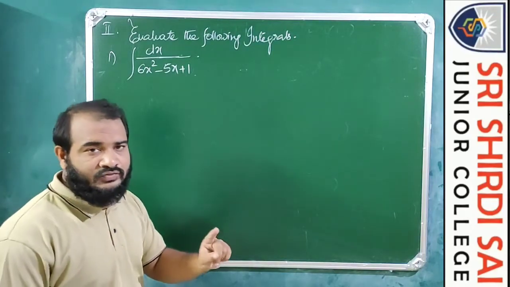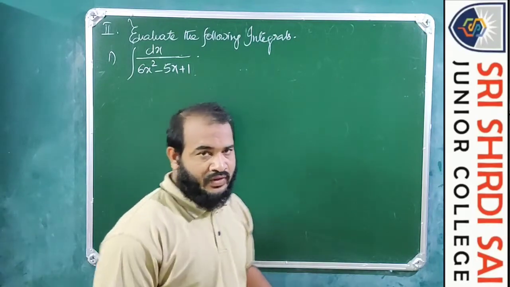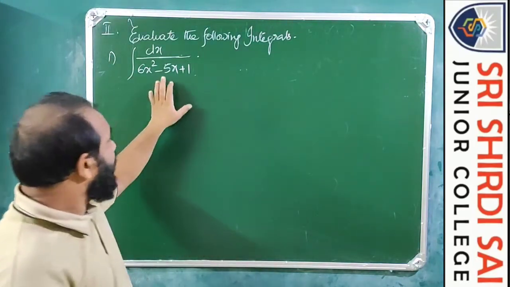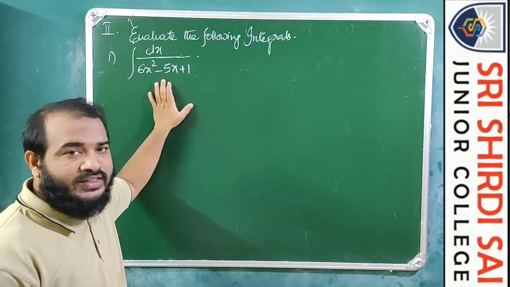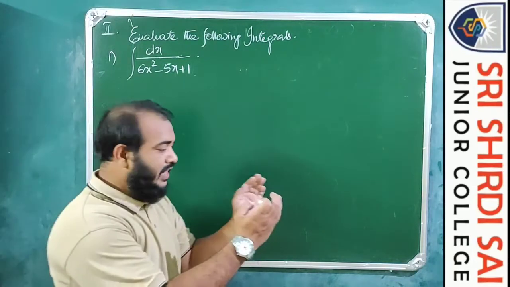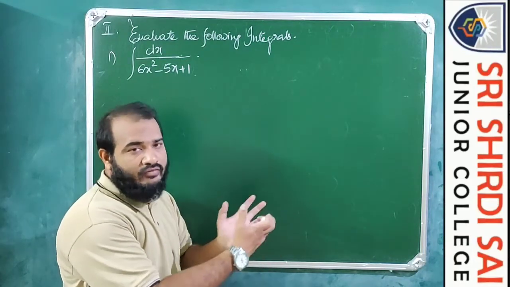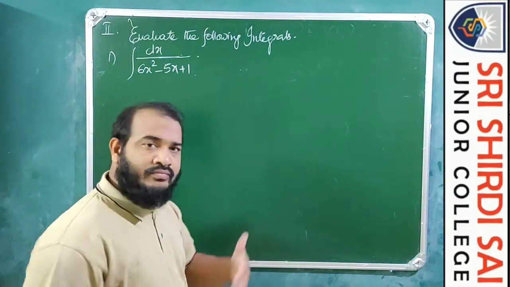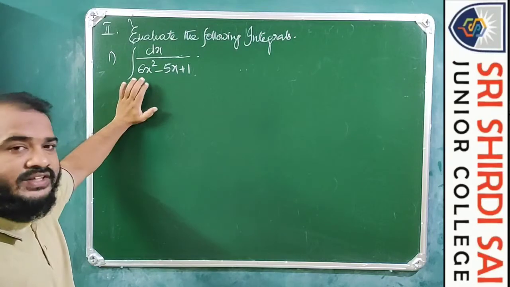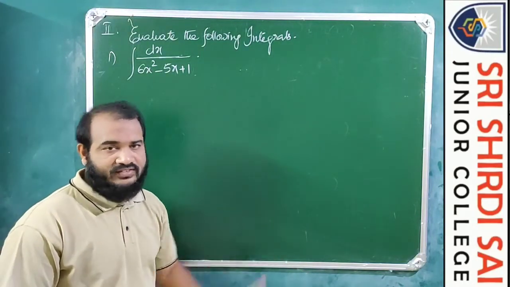One method is which we have discussed in exercise 6D: if the denominator contains a pure quadratic expression, then we use the complete the square method. So 6x square minus 5x plus 1, either ax plus b whole square or ax minus b whole square. So we have to convert and then solve it. Otherwise, the partial fractions method is also applicable here, which we have been discussing in this particular exercise.